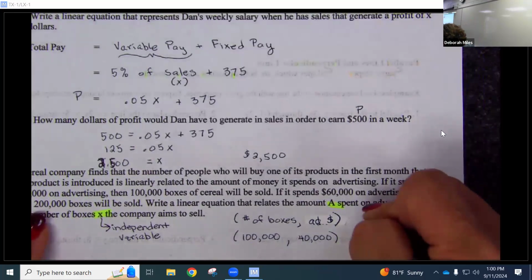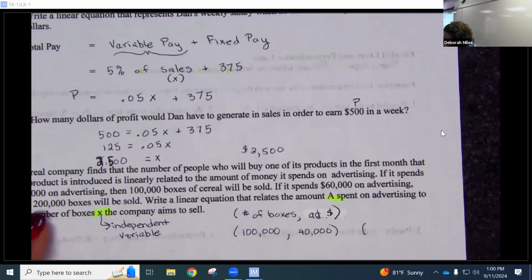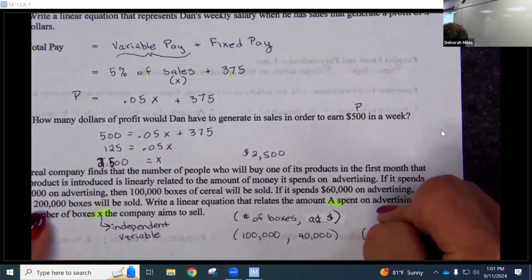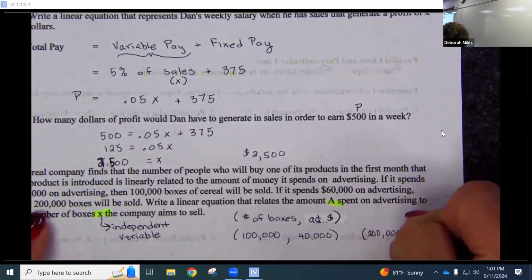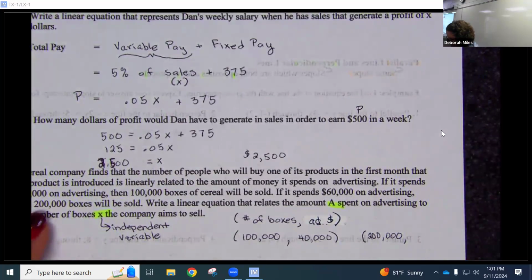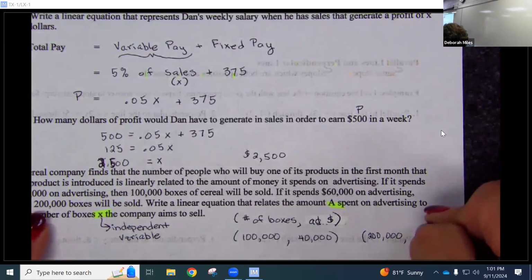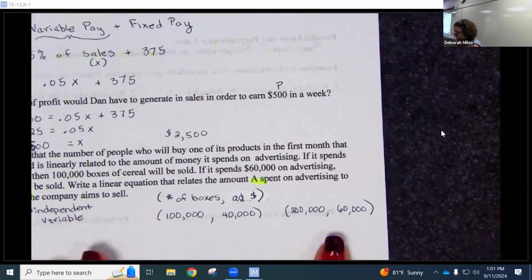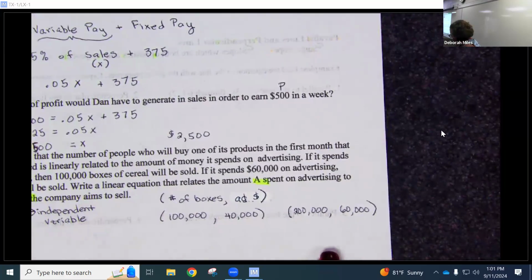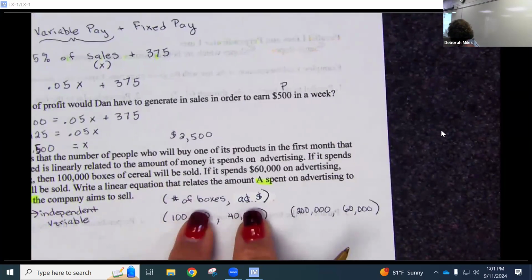Second ordered pair, to sell 200,000 boxes, they have to spend 60,000 on advertising. And that's the hard part right there, figuring out how to set up your ordered pairs.